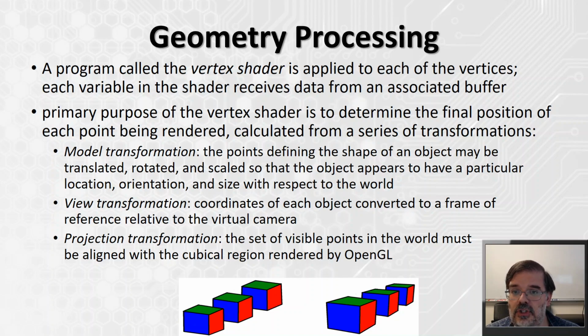Now, during the geometry processing stage, a program called the vertex shader is applied to each of the vertices. Each variable in the vertex shader will receive data from one of these buffers that you sent data to during the application stage, and which variable receives data from which buffer is determined by the previously specified associations, which are stored in a vertex array object.